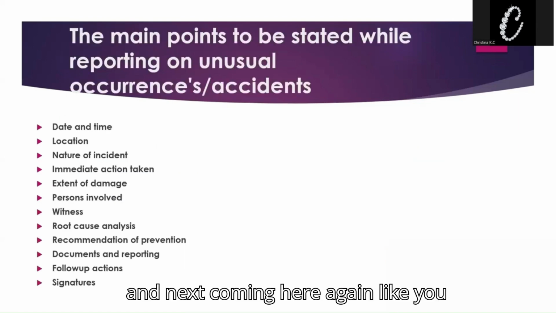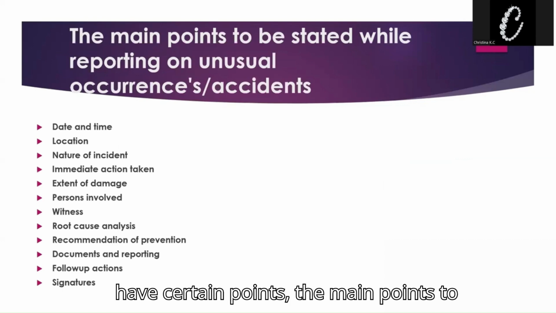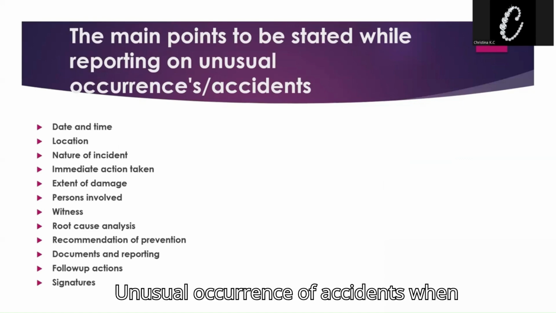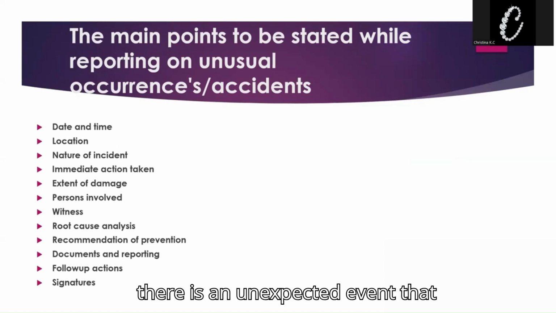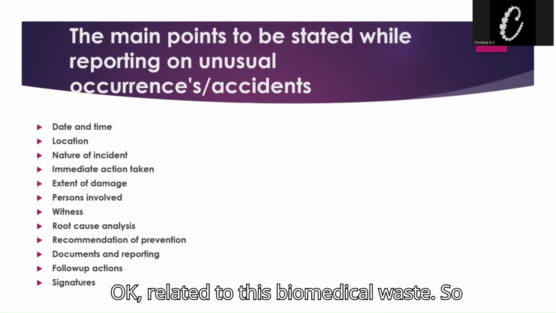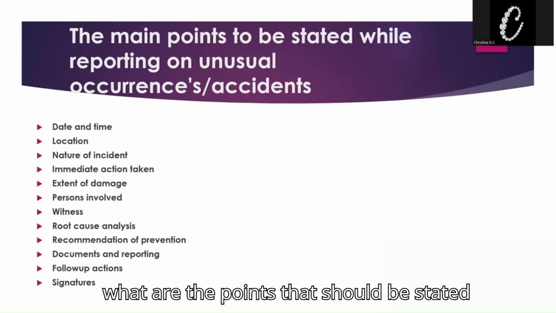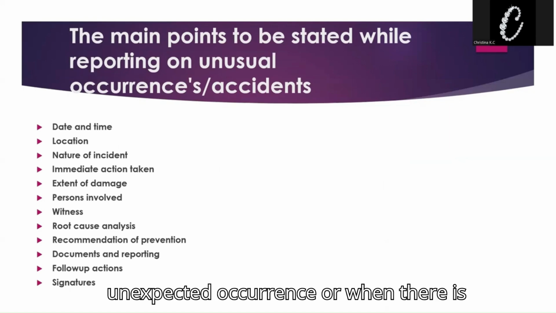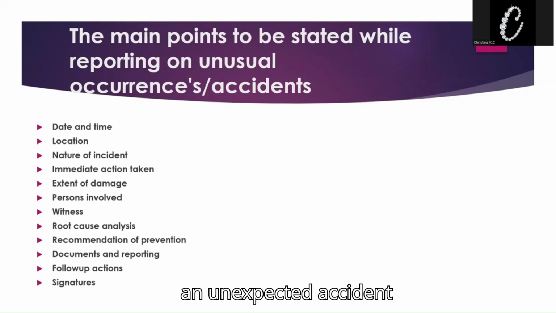And next, coming here again, you have certain main points to be stated while reporting an unusual occurrence of accidents, when there is an unexpected event that happened in the area related to this biomedical waste. What are the points that should be stated in your report when there is an unexpected occurrence or an unexpected accident?